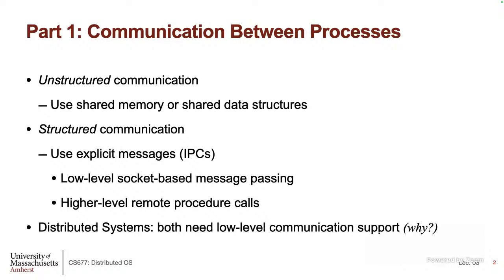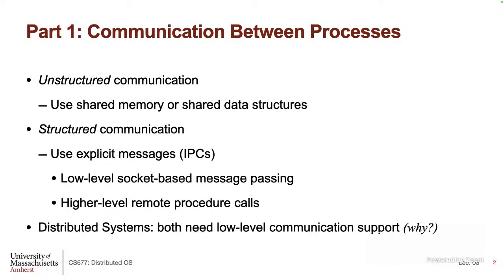Before we do that, we want to start at a very high level: how do you enable communication between two processes that are part of a distributed system? Assume that you have two processes that want to communicate with one another. How do you enable that communication? There are two approaches. One is called unstructured communication, and the other is called structured communication.